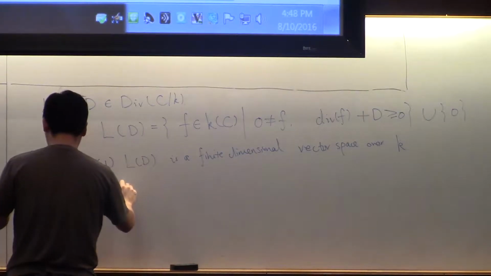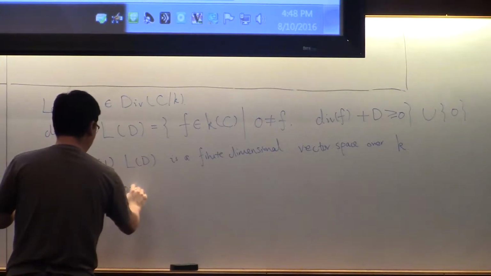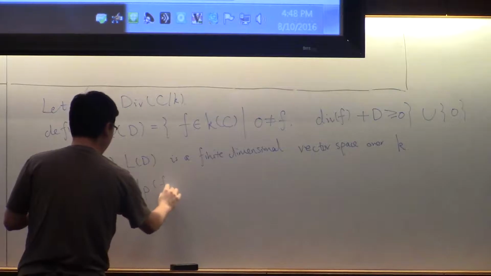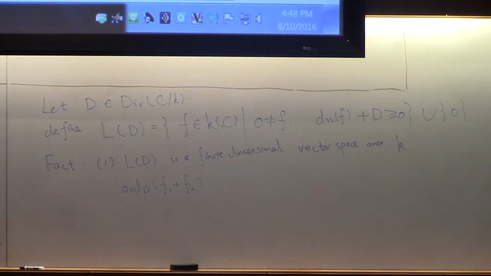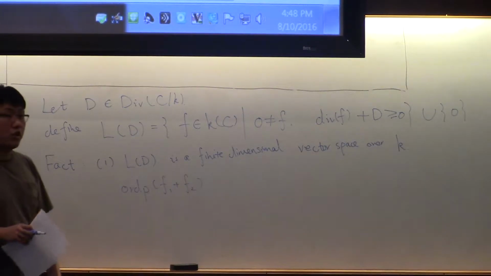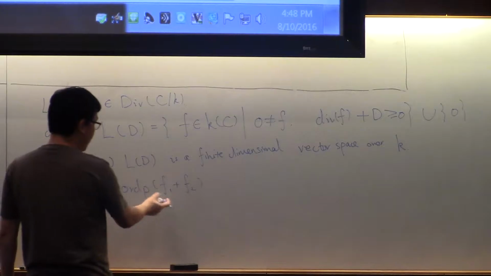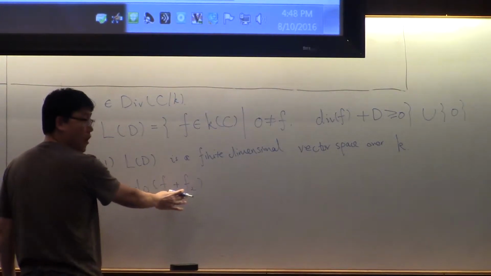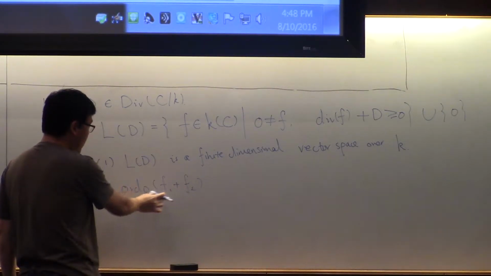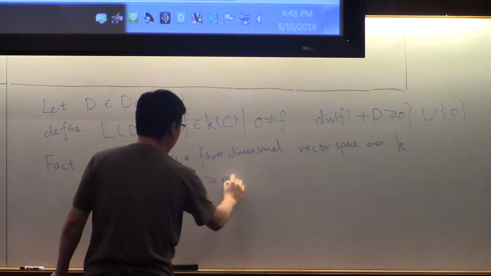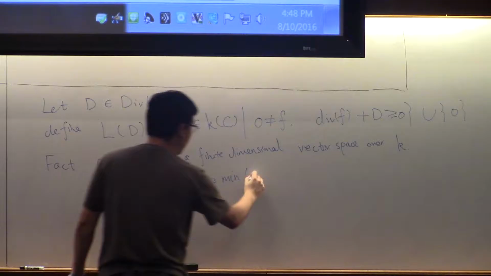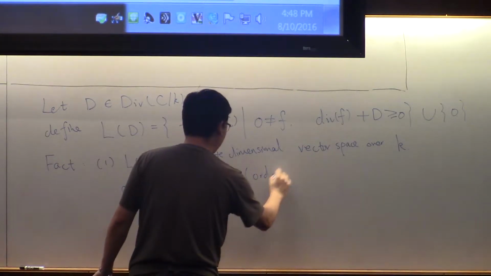So here you should use the fact that for any point P, which is a k-bar rational point of the smooth projective curve, we consider the order of the sum of these two rational functions at a given point P. It should be bigger or equal to the minimum of the order of these two functions.